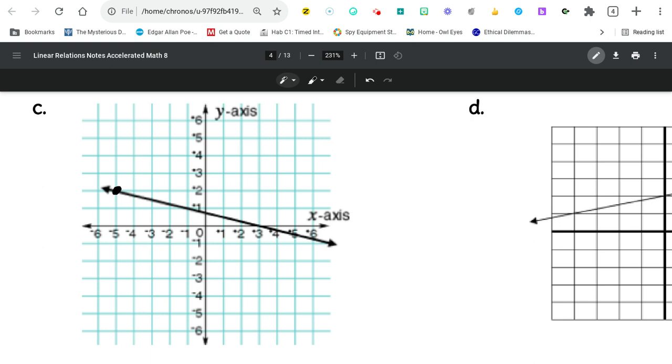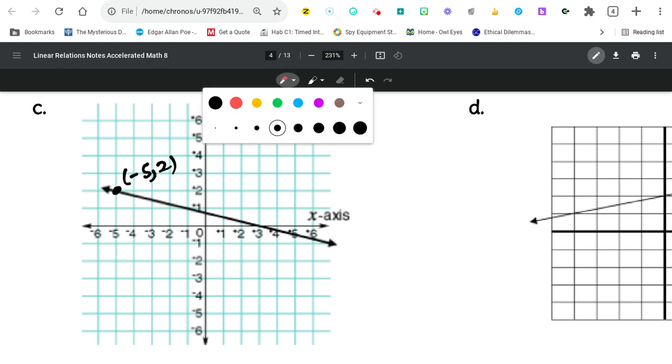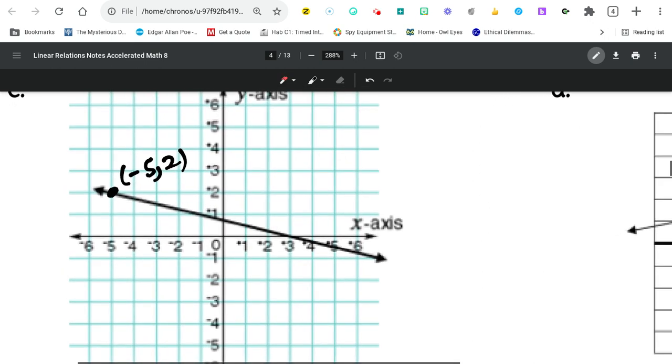I can read that. That's -5, 2. I just got to find something else I can read. Okay. I can read this one. That's ordered pair -1, 1. And it's on the line. As long as you can read the points and they're on the line, choose them.